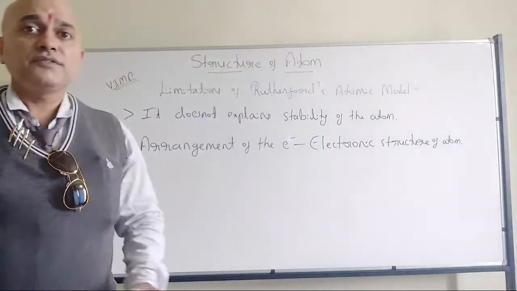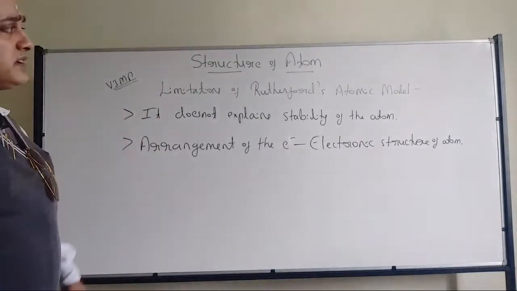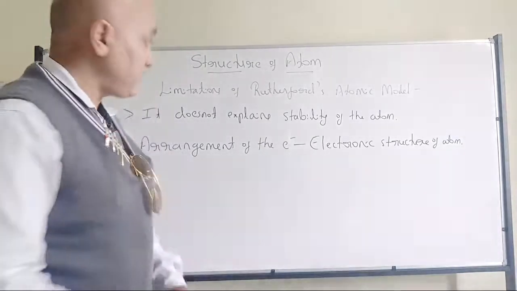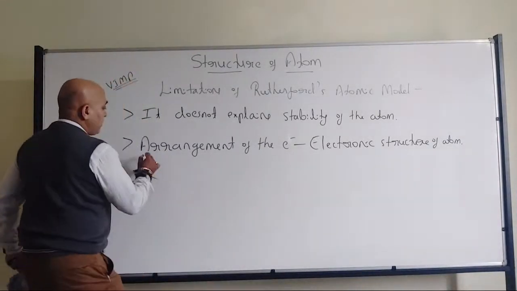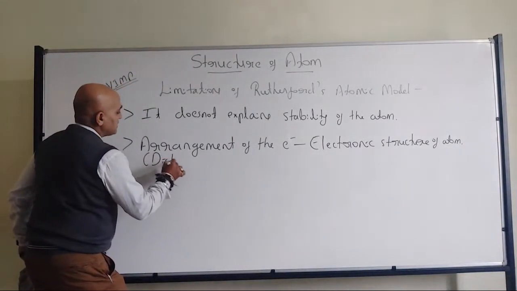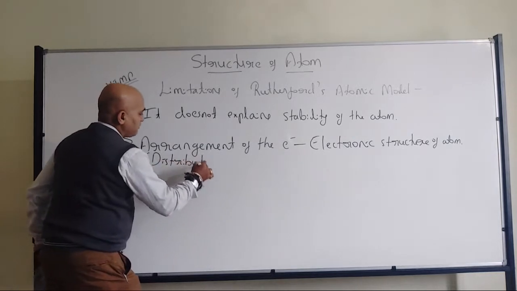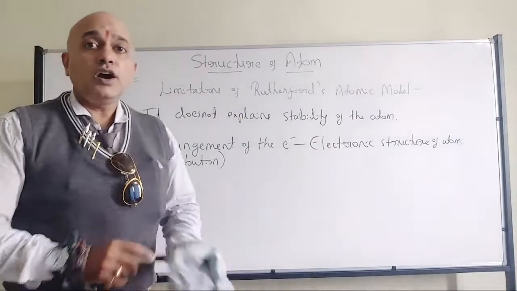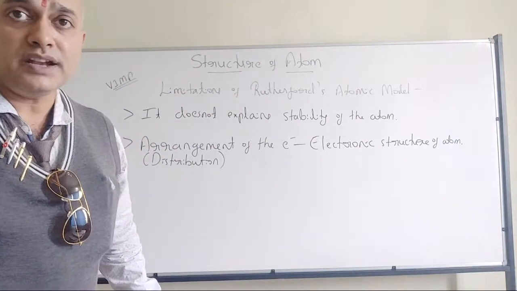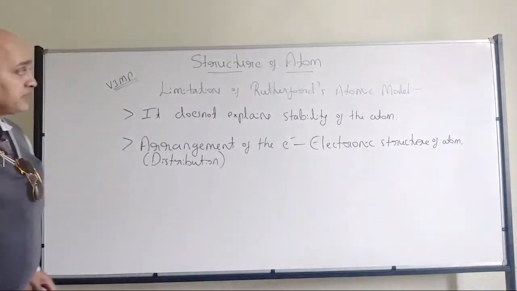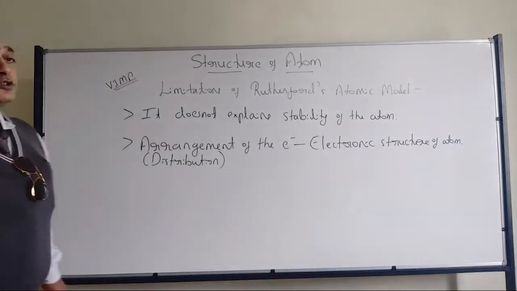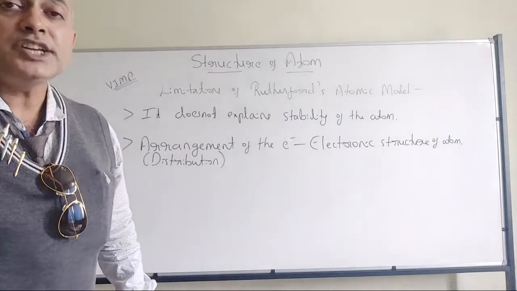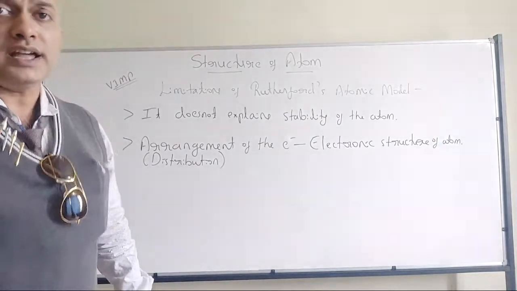Okay, fine. So these are the two points related to limitations. Yes, arrangement or distribution; we can use the appropriate word, distribution of the electrons, how they are exactly distributed. So we have two important points related to the limitations of Rutherford's atomic model.